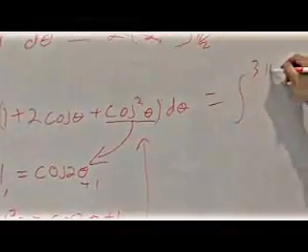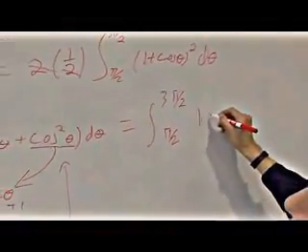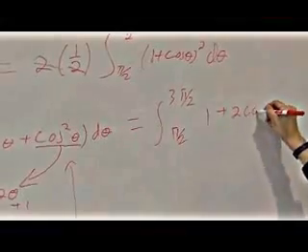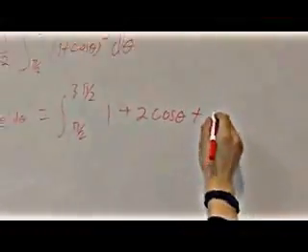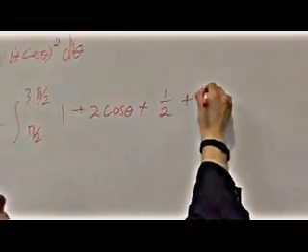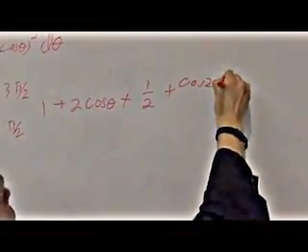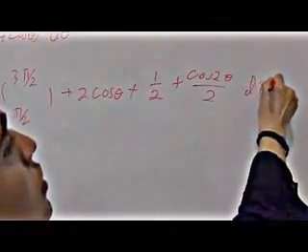So I'm going to go from 3 pi over 2 to pi over 2 of 1 plus 2 cos theta plus 1/2 plus cos 2 theta over 2 d theta.